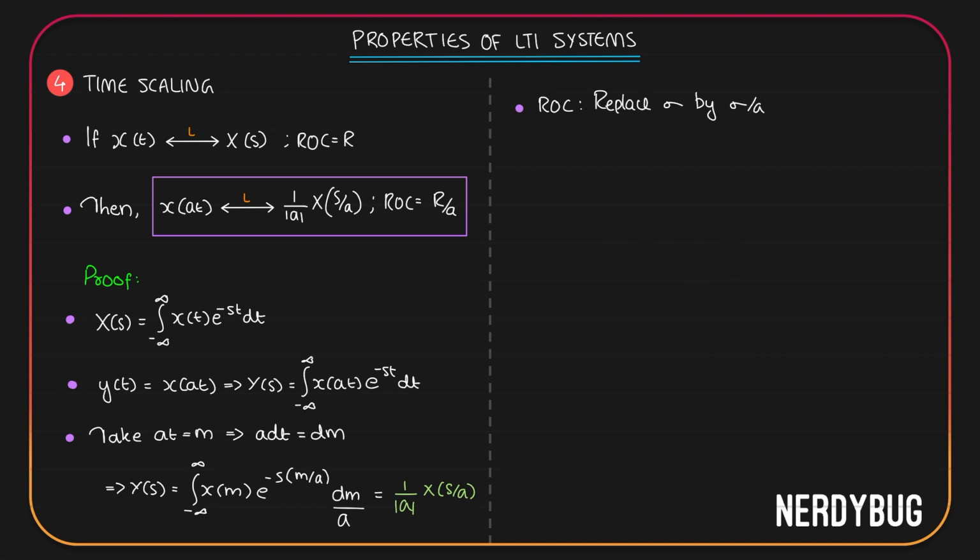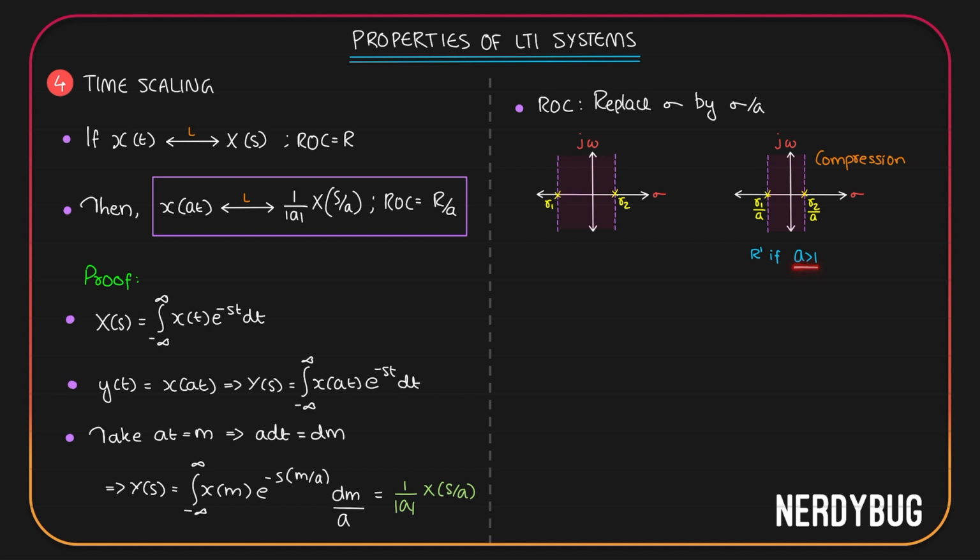If we do that, different cases can arise depending on the value of a. Assume the ROC of our original function looks like this. It ranges from R1 to R2. Now, if a is a number greater than 1, the ROC of our new function will look like this. It will be from R1 by a to R2 by a.